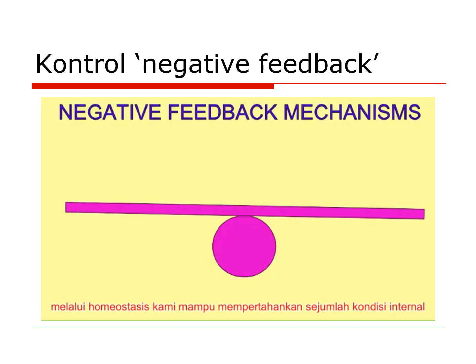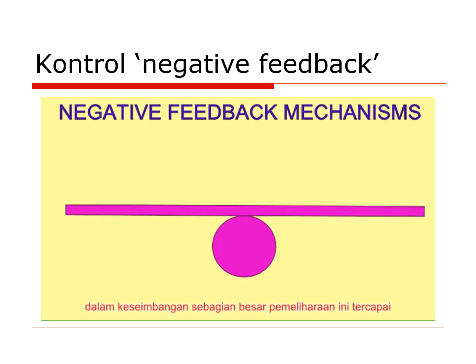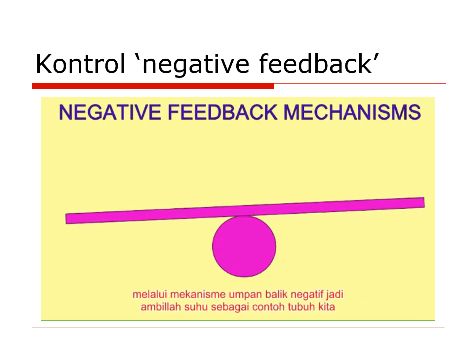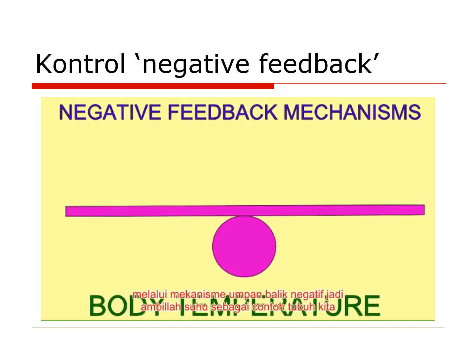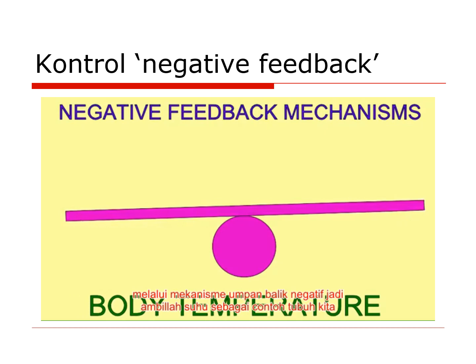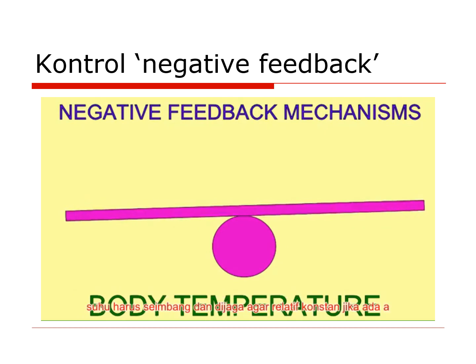Through homeostasis, we are able to maintain a number of internal conditions in balance. Much of this maintenance is achieved through negative feedback mechanisms. So take temperature, for example. Our body's temperature must be balanced and kept relatively constant.